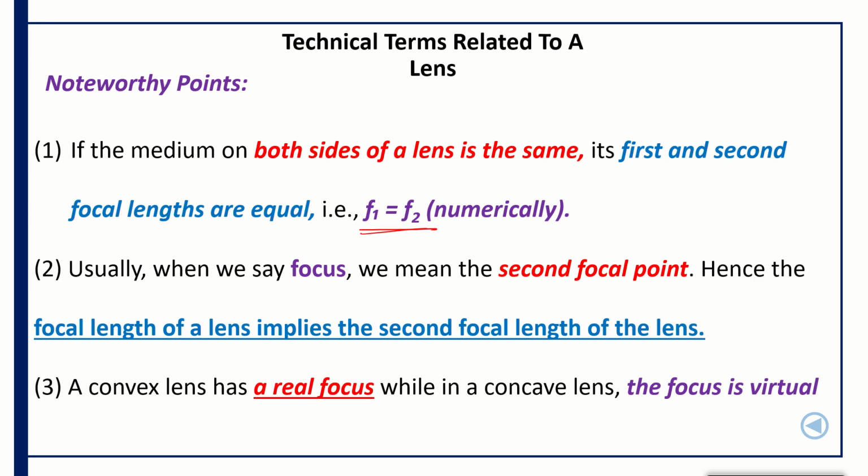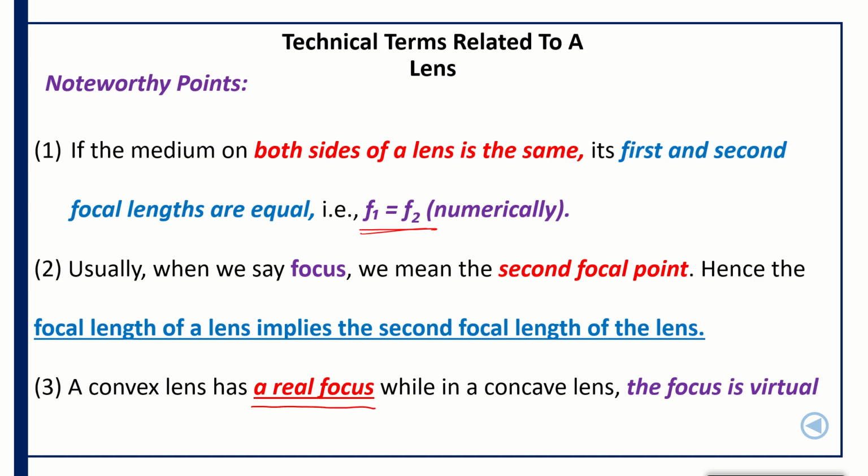A convex lens has a real focus, while in a concave lens the focus is virtual. In a convex lens, the point at which all the rays converge and create a real image, we call the focal point. So the focal point of a convex lens is a real focus.